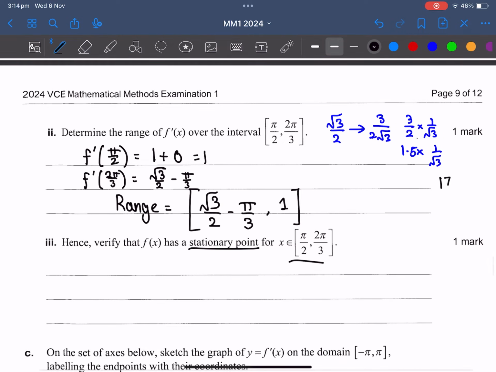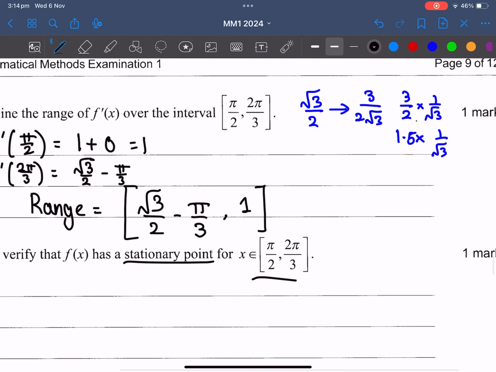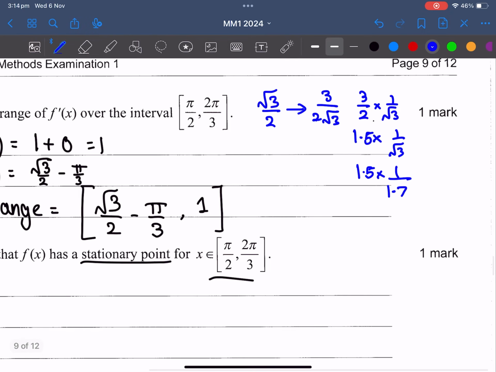The reason being, if you remember, 17 squared is 289, which is quite close to 300. So 1.7 squared will be 2.89. So the square root of 3 is going to be slightly bigger than 1.7, so 1.74, 1.73, somewhere around there. So I'm going to say that we are multiplying 1.5 times 1 on 1.7, just a rough value for root 3. Not the exact one, of course, but just a rough one.